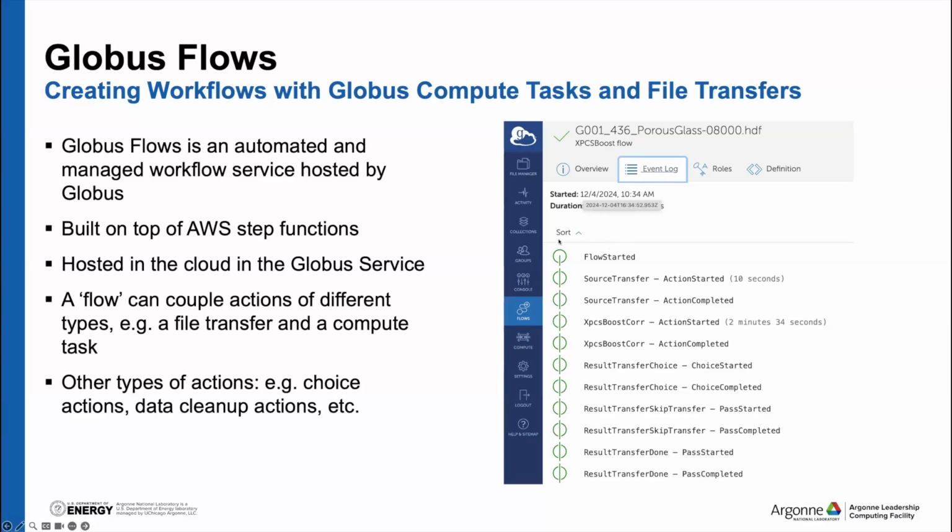You can see here these are steps in a flow where there are different actions taken, and some of them might be transfer steps, some of them might be compute steps, and you can see how they're executed one after another and the time they take. All of these different actions involve different Globus endpoints and collections that the cloud service is talking to on various compute facility machines.